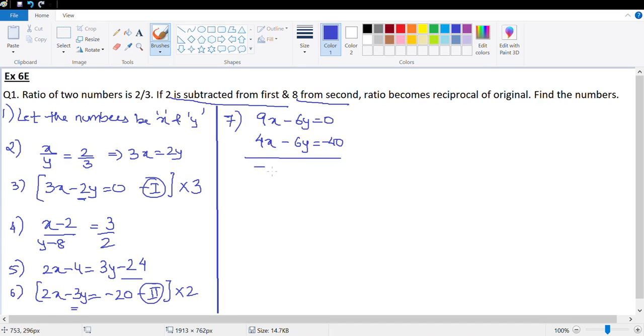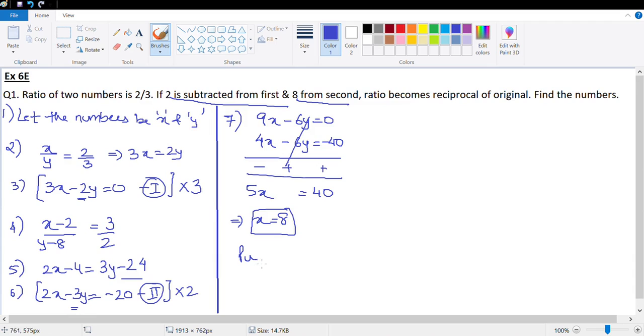Let's subtract these equations. When I subtract them, I have 9x minus 4x, that's 5x, negative 6y plus 6y gets cancelled, 0 plus 40, that's 40, which means x is equal to 8.